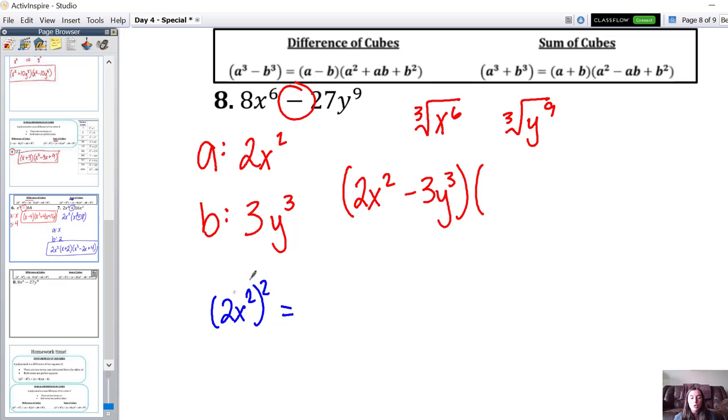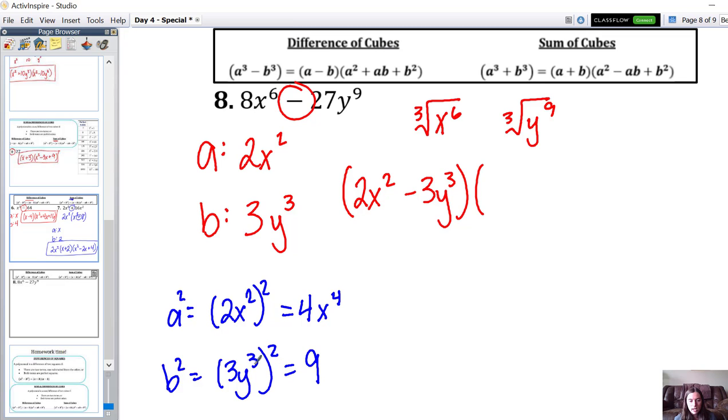We also need to raise this 2 to the power of 2. So 2 squared is 4. And then x to the 2 times 2 is x to the 4. That's a squared. Then b squared is going to be 3y cubed, squared. 3 squared is 9. y cubed squared is y to the 6.